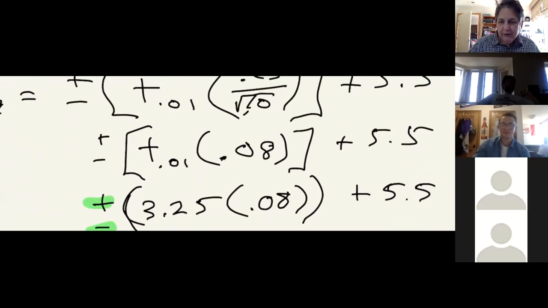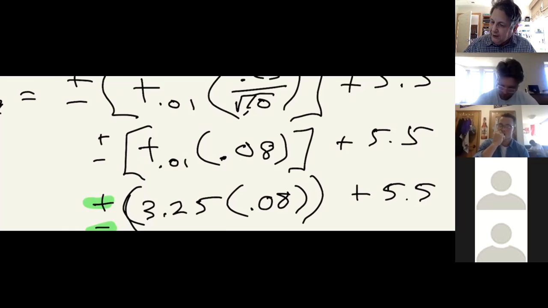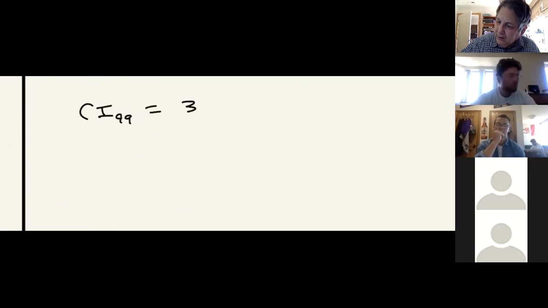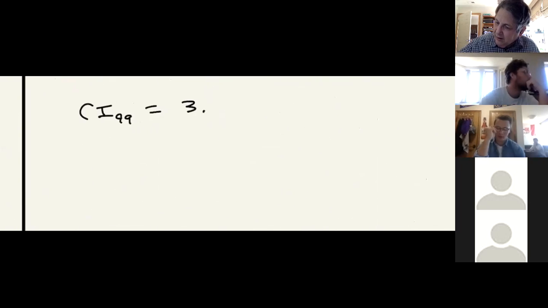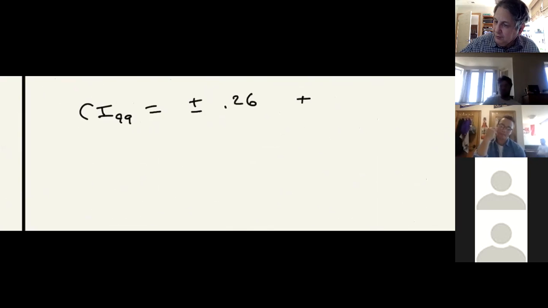Can you see any of it now? I can see the 3.5 times 0.08 plus 5.5. That's the last one I can see. There's a line below it. We're just going to carry on with that line. Can you see this now, right? Oh, yeah. Okay, there it is. Plus or minus 0.26 plus 5.5. Can you see that? Yes, I can see that.